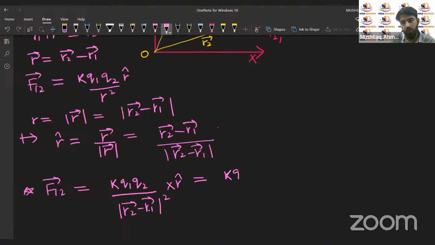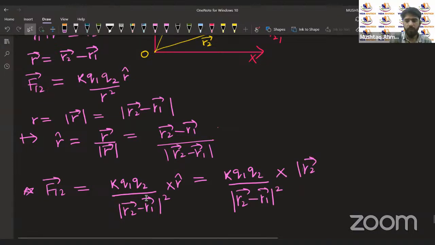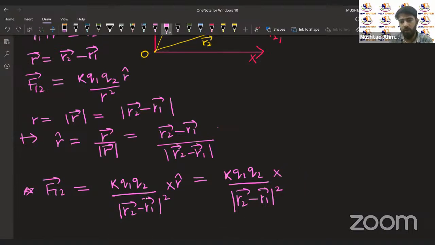So it will be k q1 q2 upon mod of r2 vector minus r1 vector square, and r cap vector is given by r2 vector minus r1 vector, not the modulus, upon mod of r2 minus r1 vector.